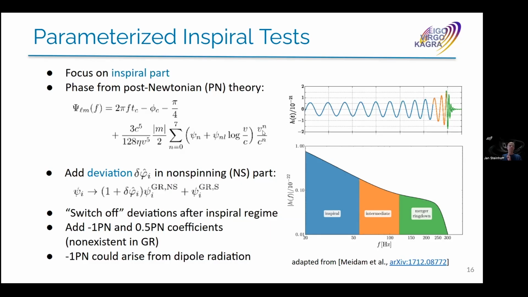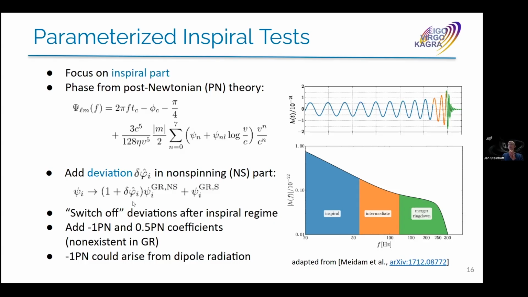Now, the parameterized tests, what they do is they take this prediction of general relativity for the phase, and they introduce modifications, deviation parameters, by multiplying basically the GR prediction with the deviation parameter. We do so only in a non-spinning piece of the phase.